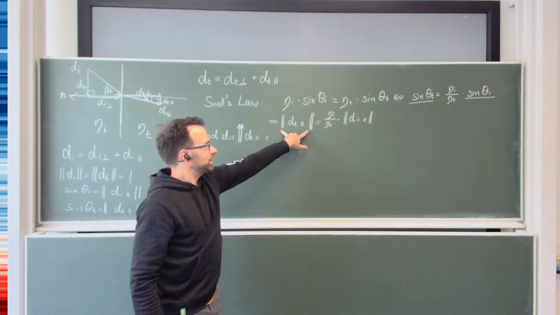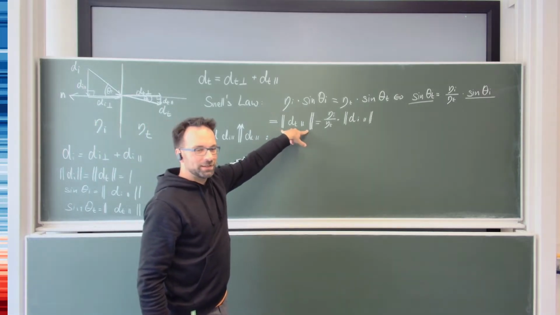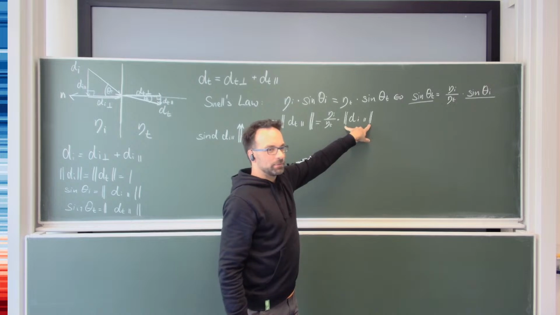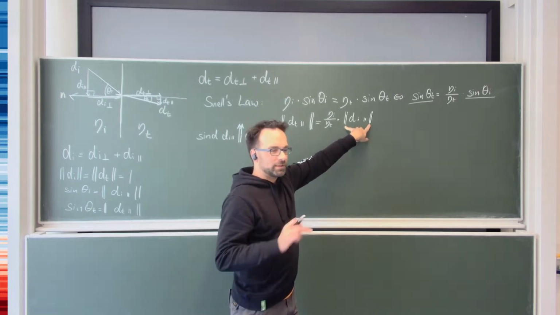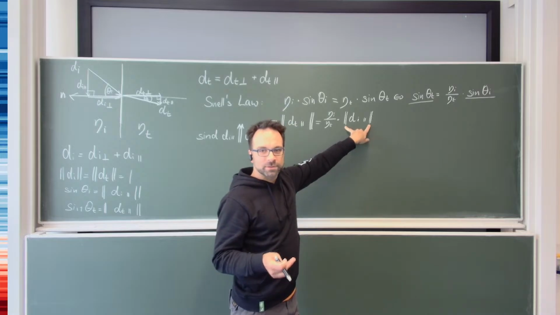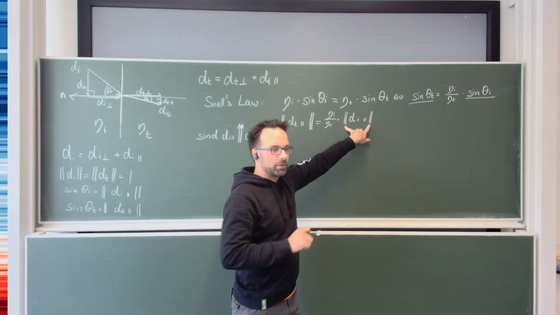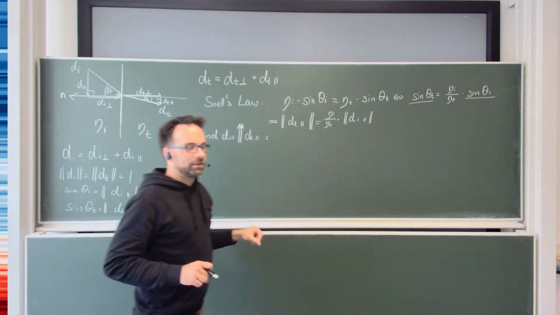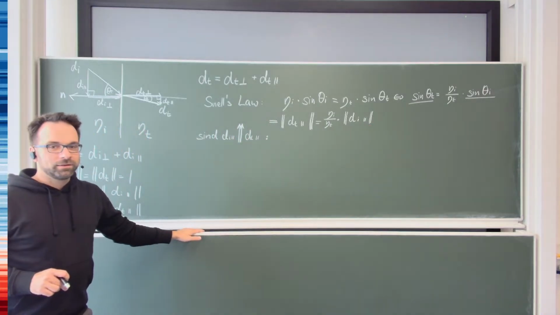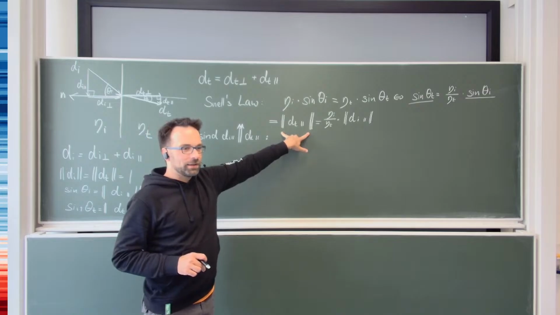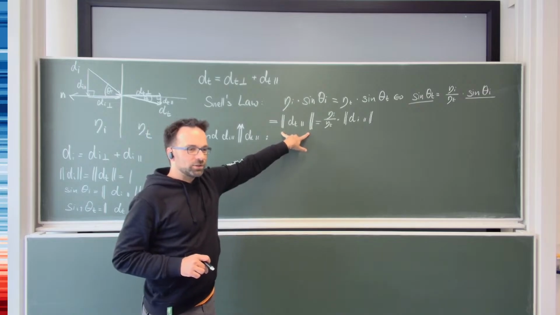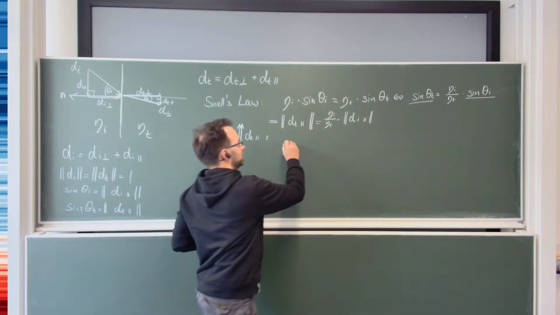If I multiply this by its direction and this by its direction, which is the same, it's unit length, it's pointing in the same direction, and both are parallel. That is the length of a vector multiplied by its direction yields the vector itself.